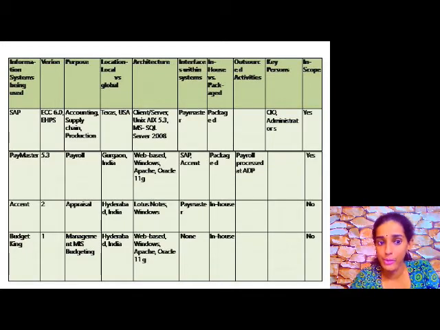Here also it is providing data to another system. Then in-house or packaged, then outsourced, then who are the persons responsible. Here there is a chief information officer, administrator. So this is how the understanding about the IT environment will be documented. This is one example of that.